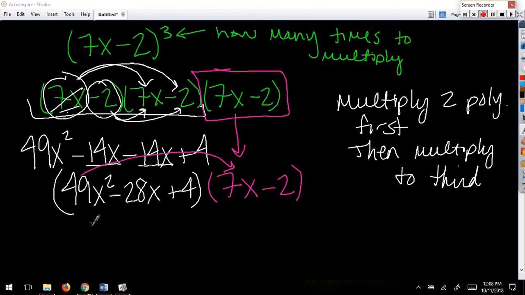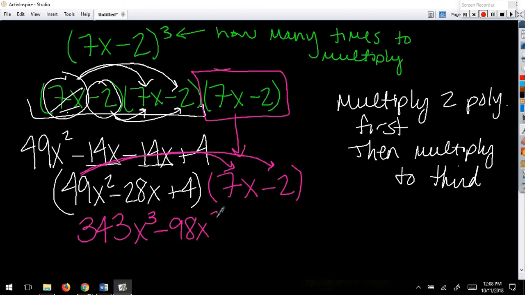So I get 343x to the third. Now 49 times negative 2. 49x squared times negative 2 would give me negative 98x squared. And I'm done with this one. Same thing with negative 28.